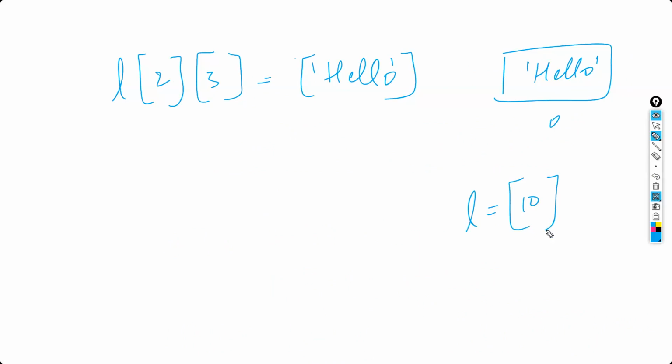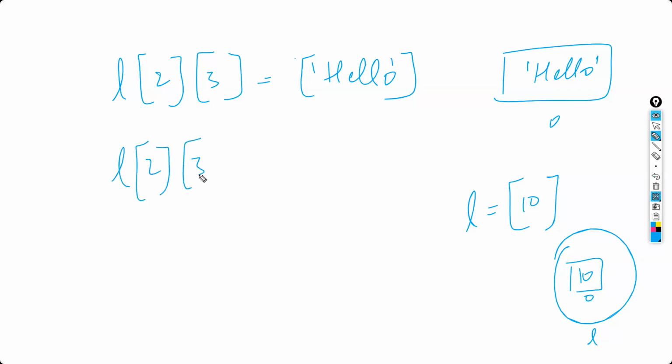Only one item is there. How will this be created? Object will be created. One box or 10 boxes will be there? One box only. In that, what is the index number? How to select a single value from that? In the list, a single value is there. How to select, extract that single value? Index of 0. So L of 2 of 3 of 0. Output is hello.